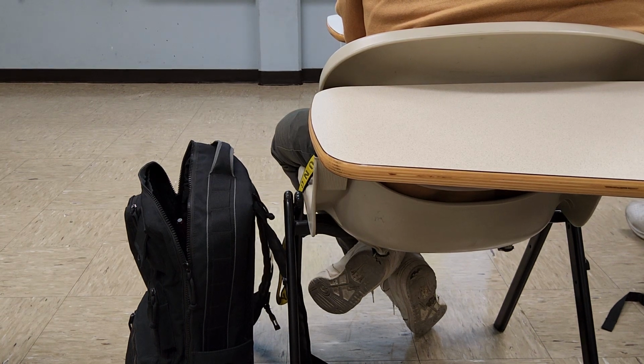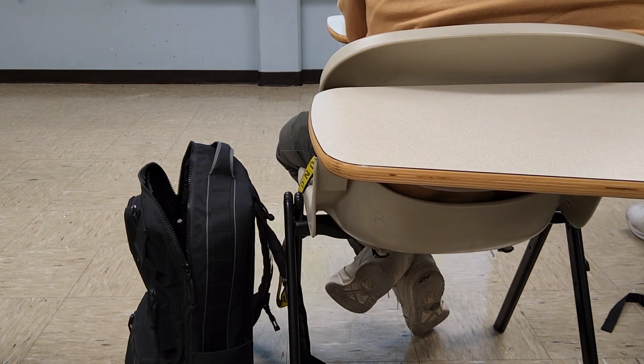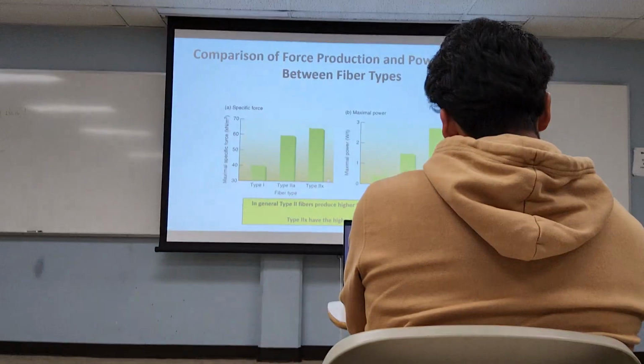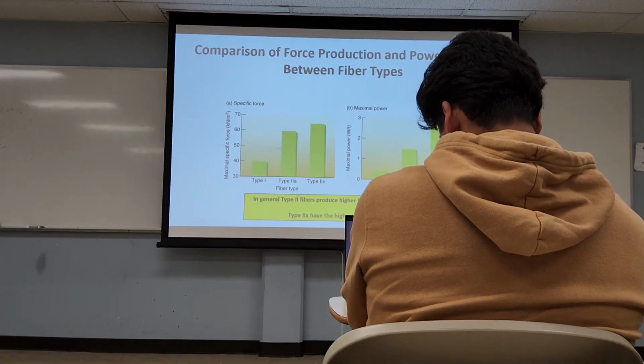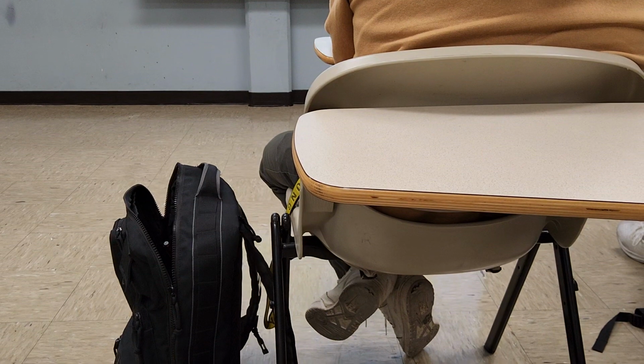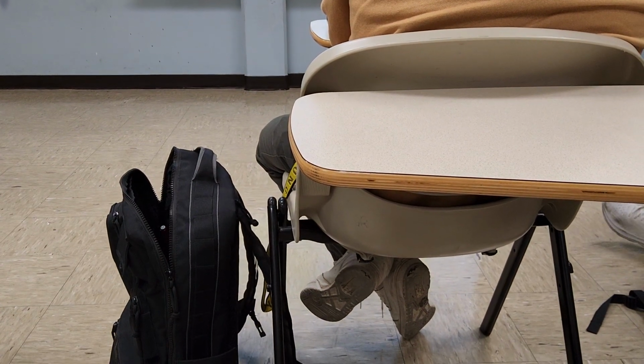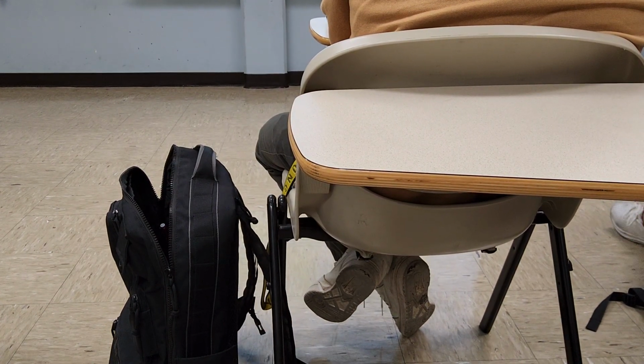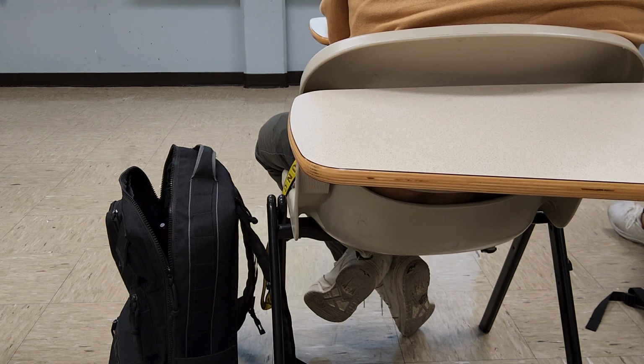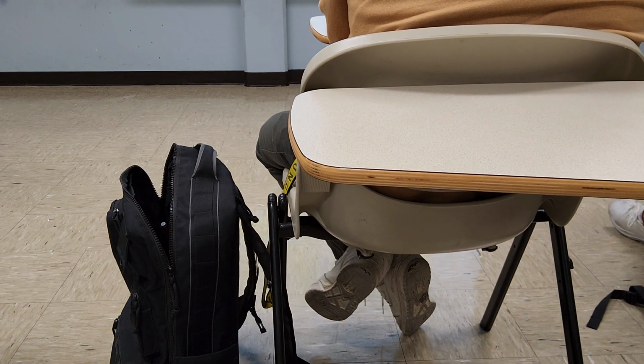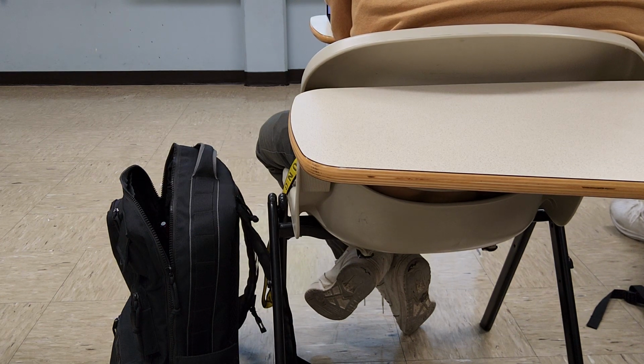Now, we just mentioned the specific force is going to be higher in the type 2, specifically highest in the type 2X, but notice how, yes, type 2 fibers are bigger than the type 1s, but even if you adjust that force based on the size, they're still producing more force relative to their size. And if you couple that with the fact that the 2As and 2Xs shorten faster, that means they're more powerful, okay?